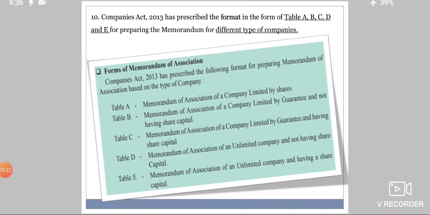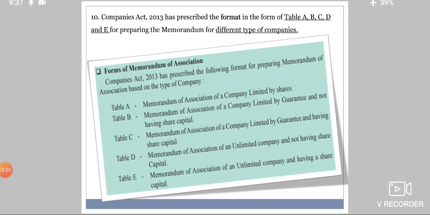Coming to the last feature of the memorandum of association, the Companies Act 2013 has prescribed the format, a proper way to draft the memorandum of association. To draft means to write how a company is supposed to form its memorandum of association, and in those forms there are table A, table B, C, D and E for preparing the memorandum.